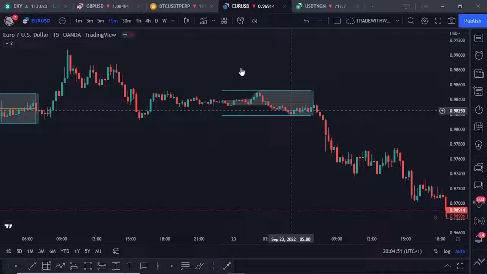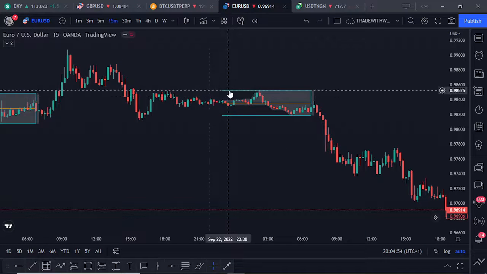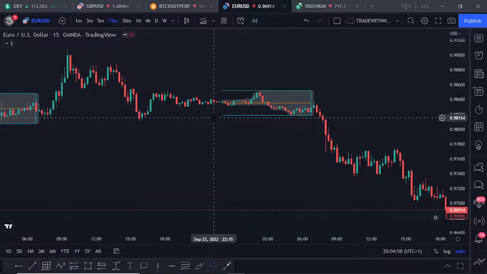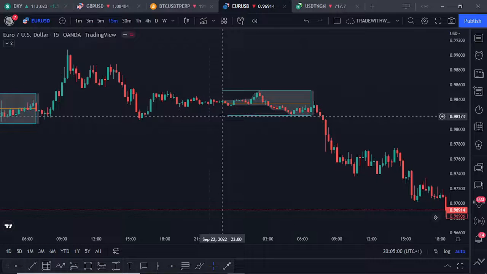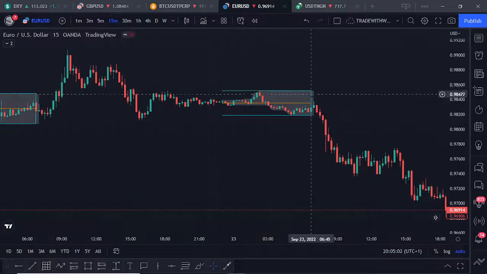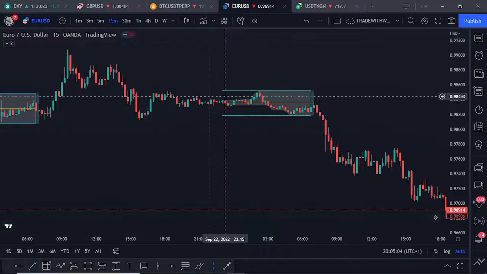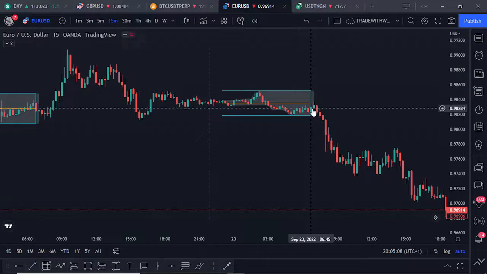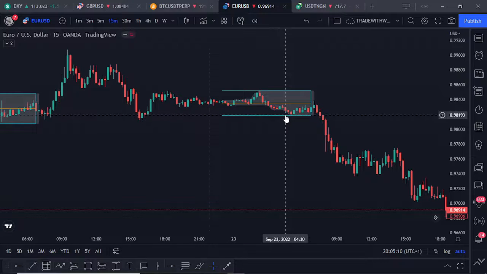I've used my indicator to mark out the Asian session. That is the dead hour in the markets where traders are not much in the markets. It's only creating volume. Orders are created at the top of the Asian session and also below the Asian session.